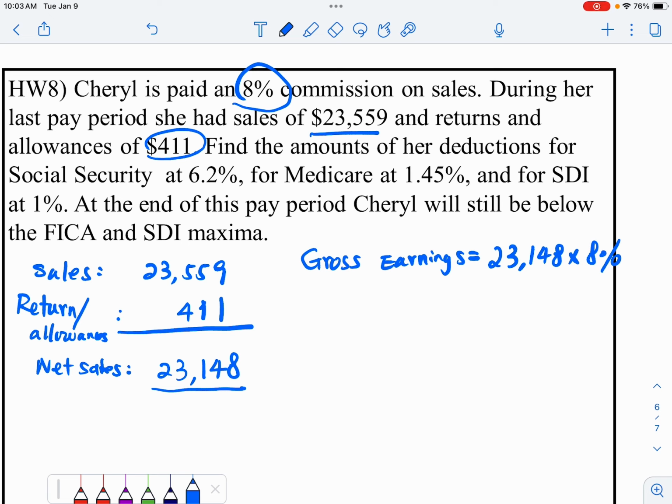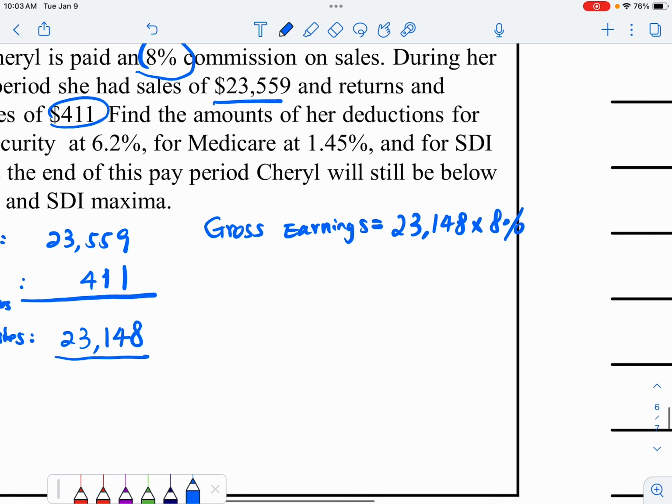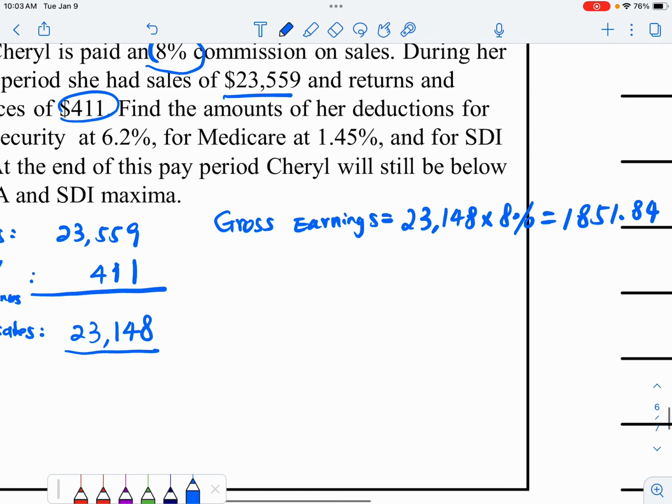Okay. This time I did not calculate that in advance, so I really have to do the algebra now on my calculator. Which is 23,148 times 0.08, and I get $1,851.84. That's the total gross earnings.